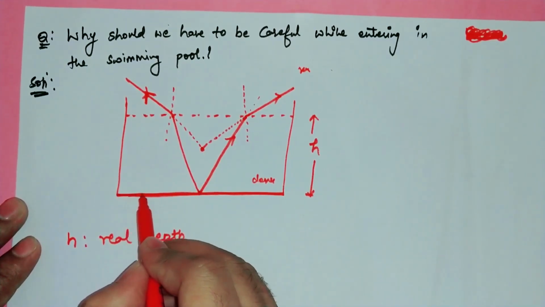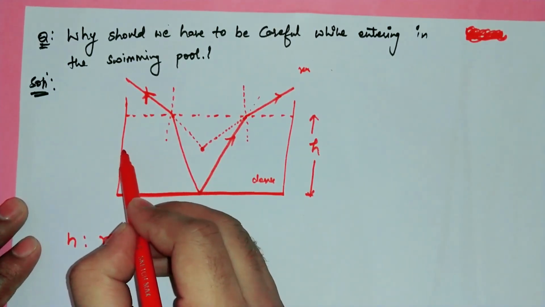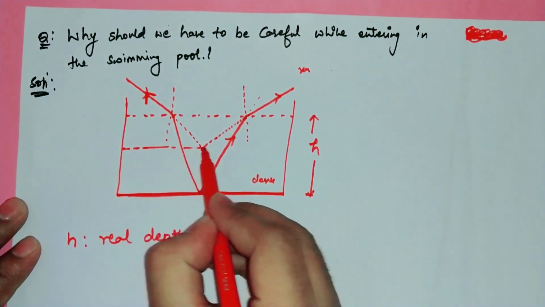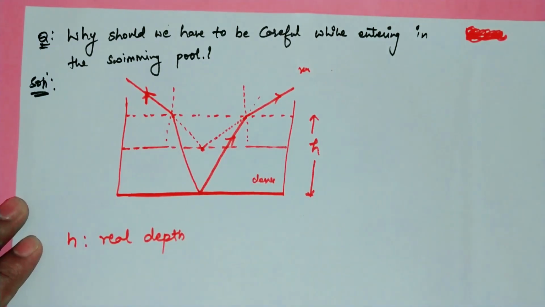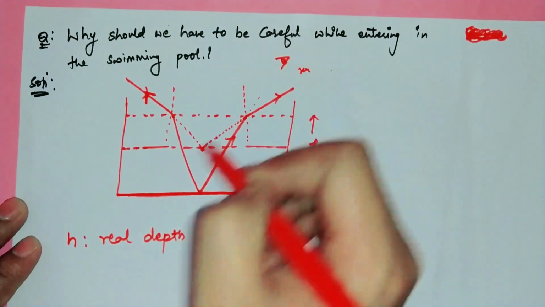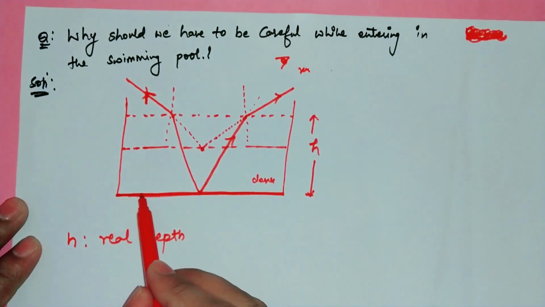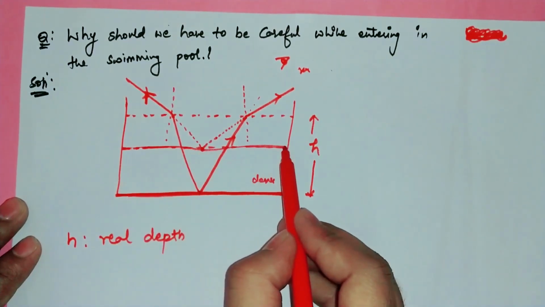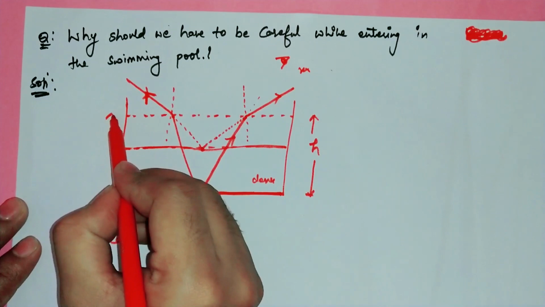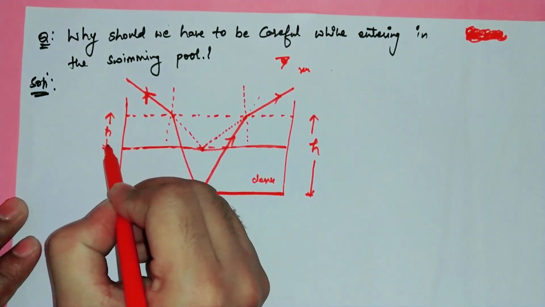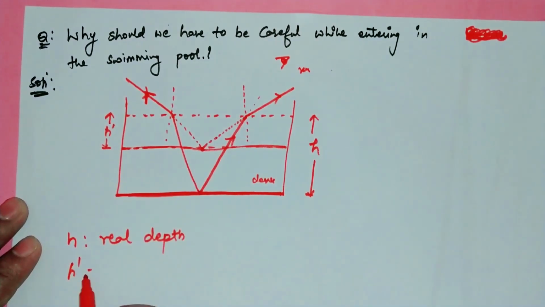Similarly we can draw infinite points, and their images will always form here. From above we are watching the swimming pool, so the image of this surface is formed here, and the depth we see is this much, h prime. So h prime is the apparent depth.